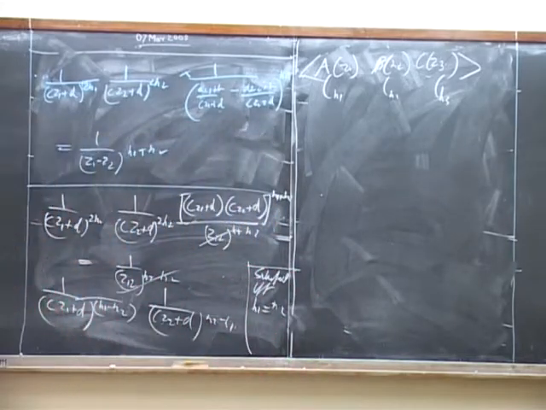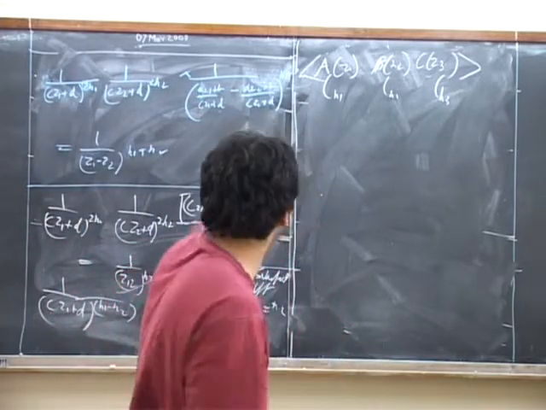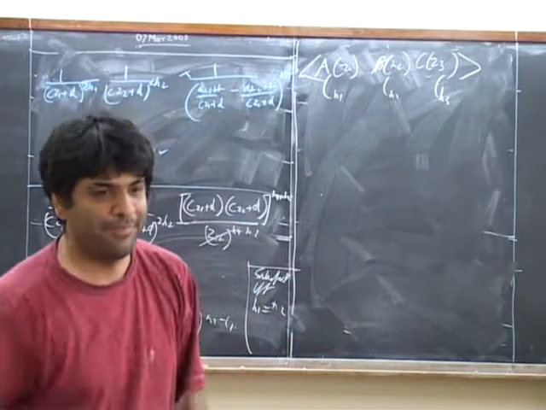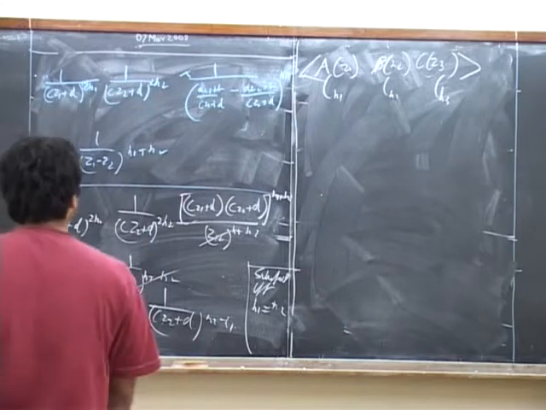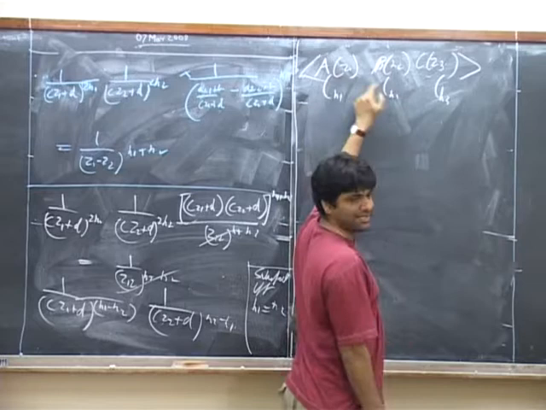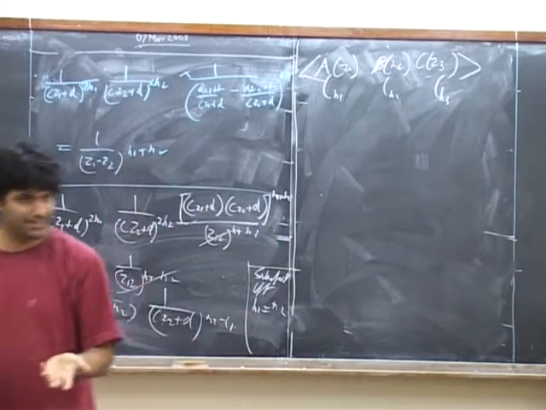Okay? Now, the actual determination I'm going to leave for you guys as an exercise, which I strongly suggest. It's the same kind of technique that we've been using. You employ the constraints of, well, what can you say immediately? You can say immediately that it can only depend on differences between Z1, Z2, Z2, Z3, Z3, Z1. That's from translation invariance.